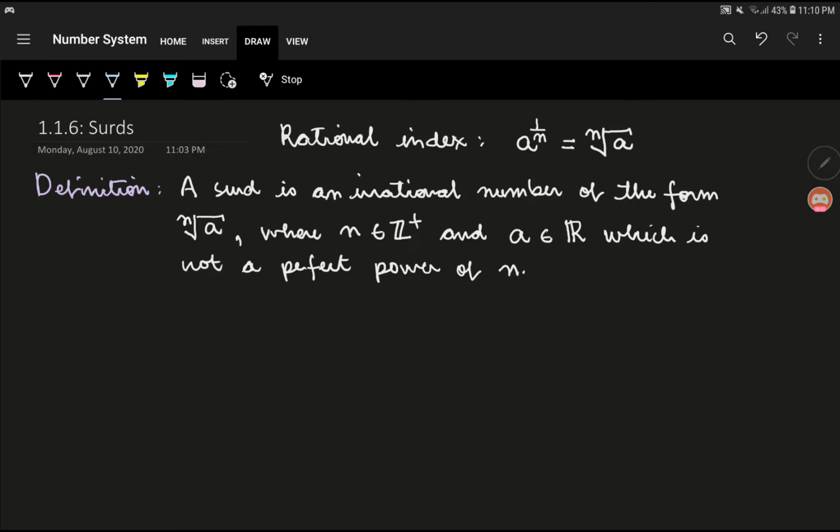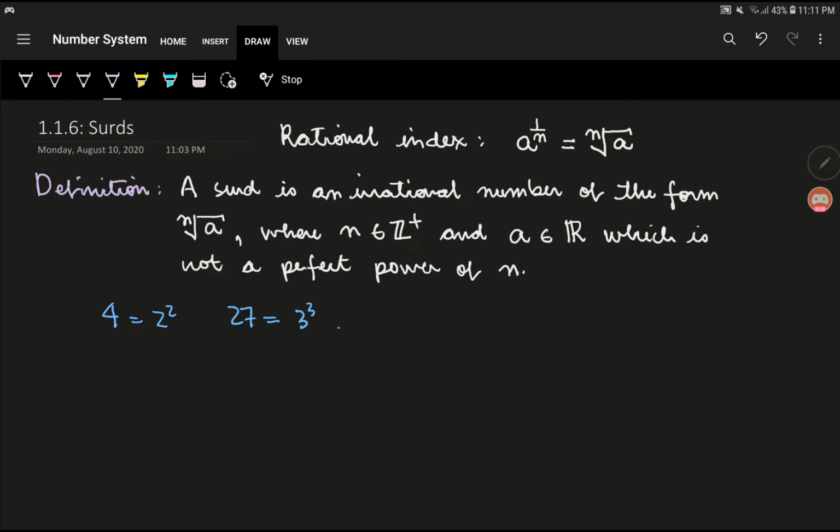An example of a perfect power of n is 4, because 4 is 2 squared. Now 27 is also a perfect power, because it is 3 cubed.